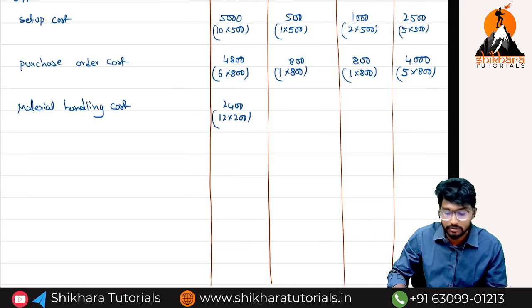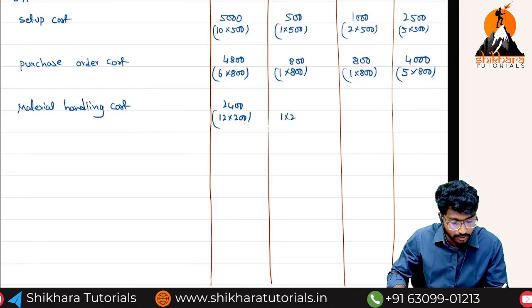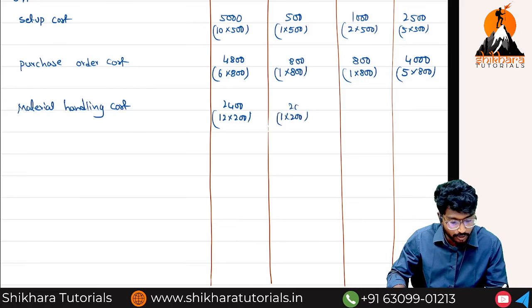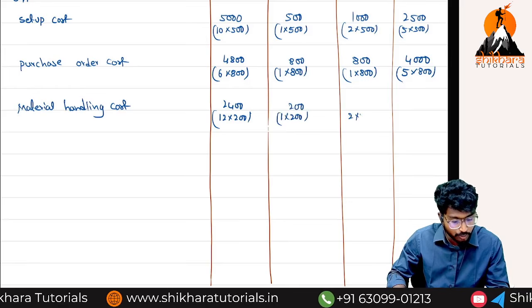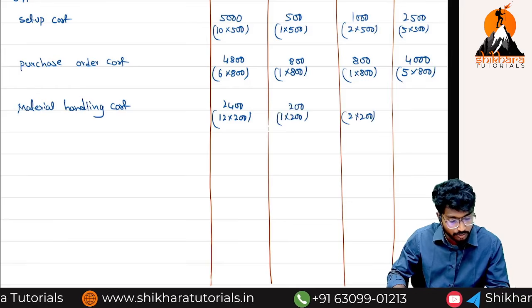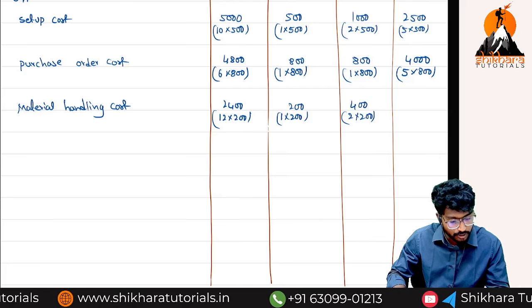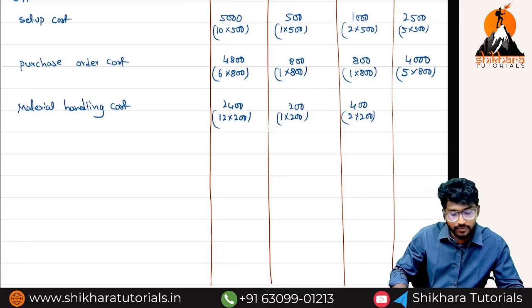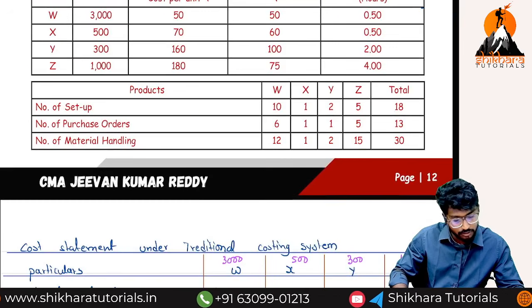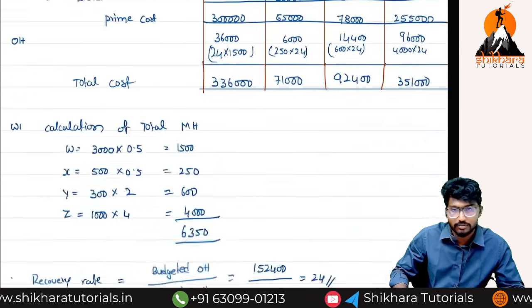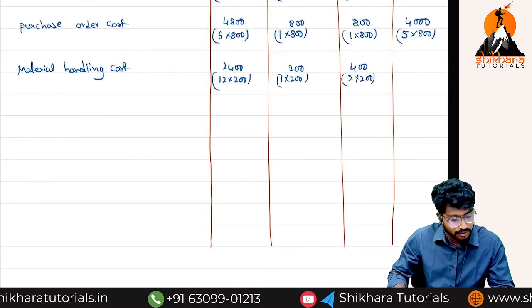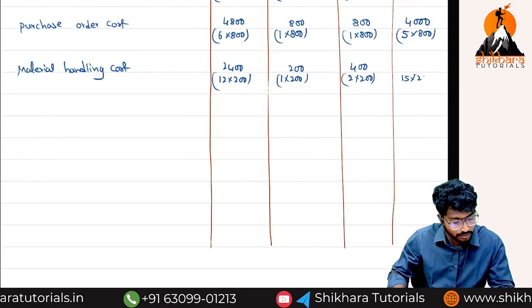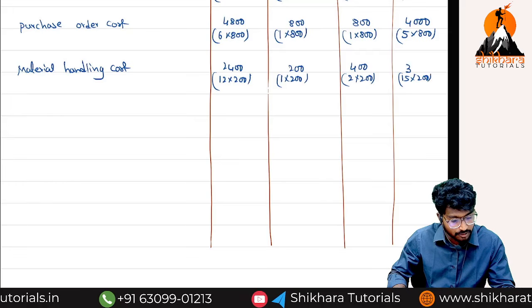Next, 1 into 200, 200. 2 into 200, 400. Next, 15 into 200, 3,000.